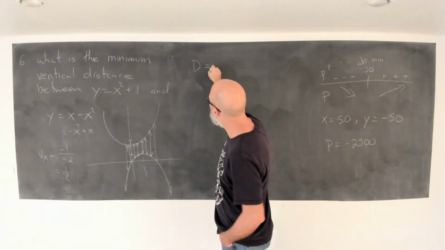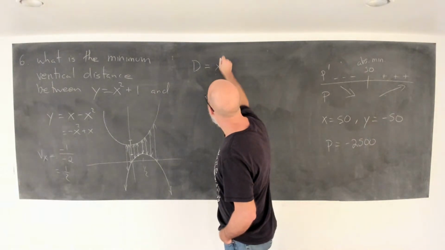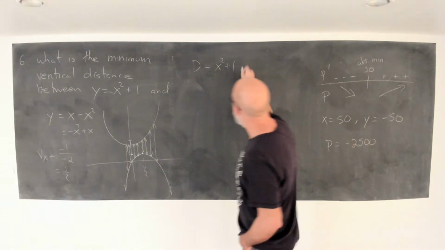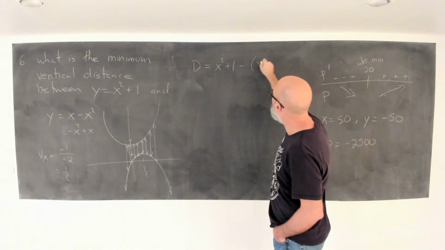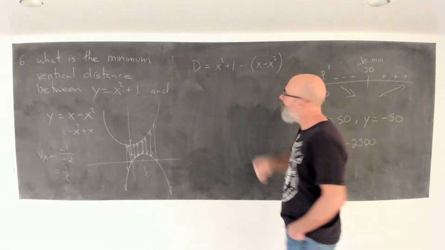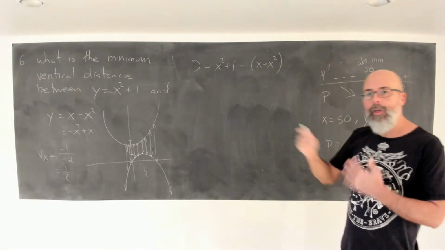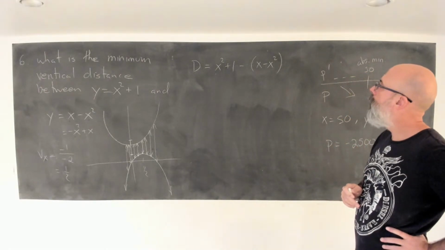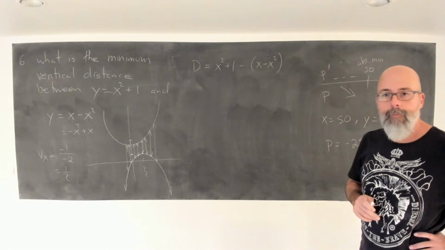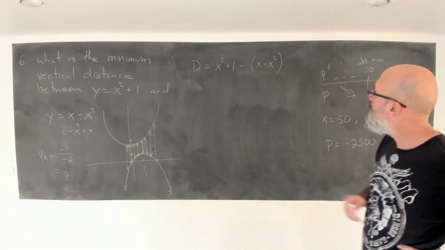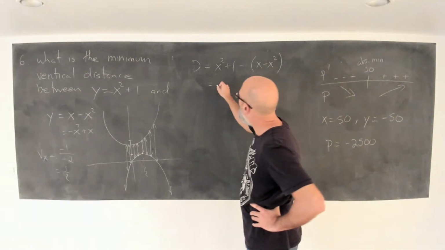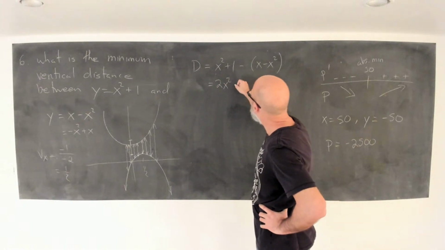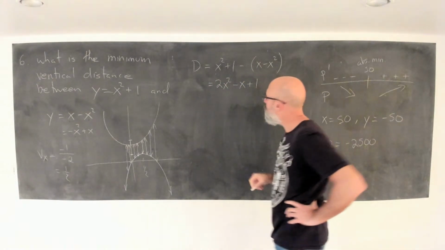So the distance is this minus that. The difference between, exactly, Michael, the difference between the two y values. Or, if you prefer, 2x squared minus x plus 1.